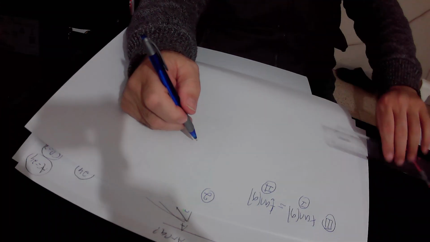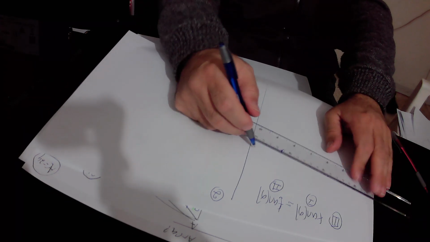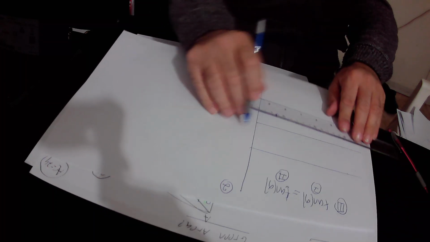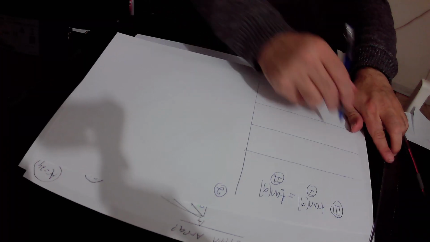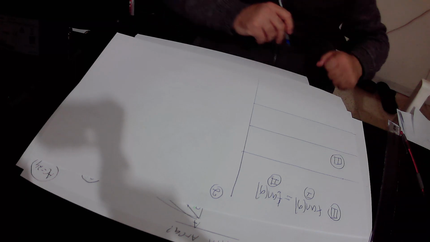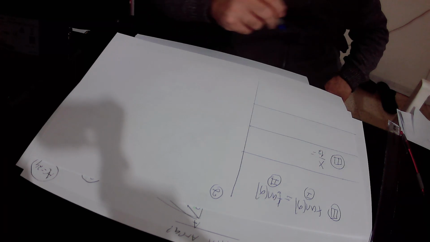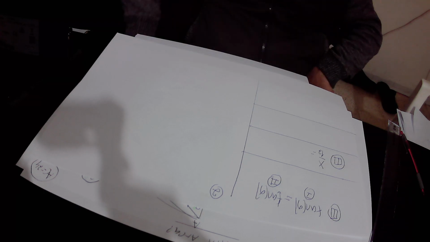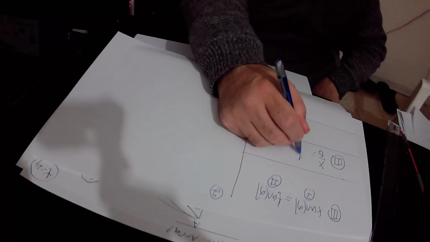Tangent alpha according to equation number 1 equals x over 12. And it must be equal to tangent alpha according to equation number 2, which equals 12 over x plus 7.